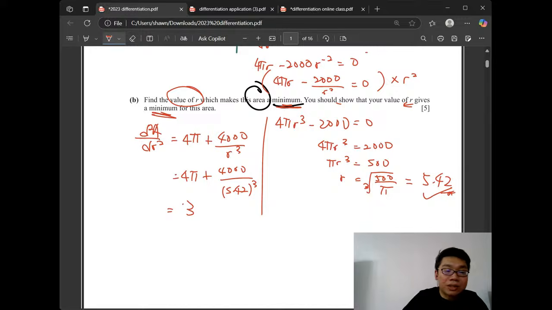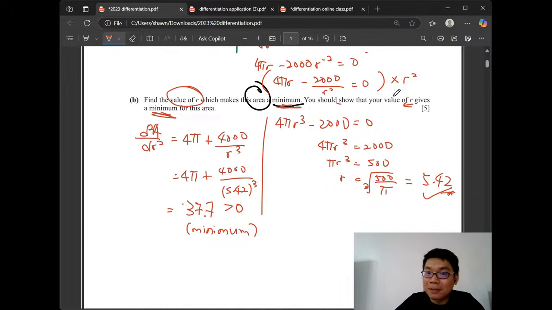You should get 37.7. So you need to clearly write your conclusion by showing your d2A/dr squared is more than 0. So it is a minimum. Need to complete. You don't just show d2A/dr squared then directly stop here. You must show the conclusion. Then you can successfully gain the marks.